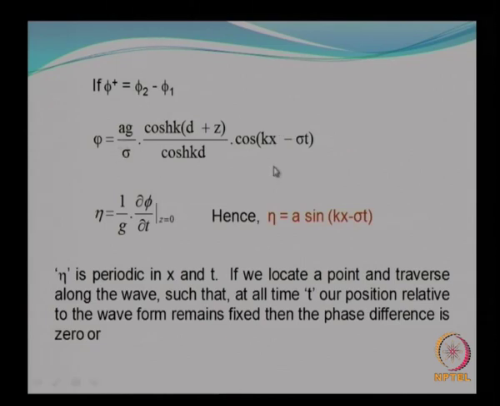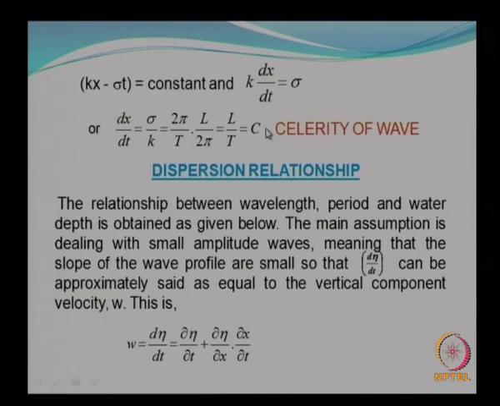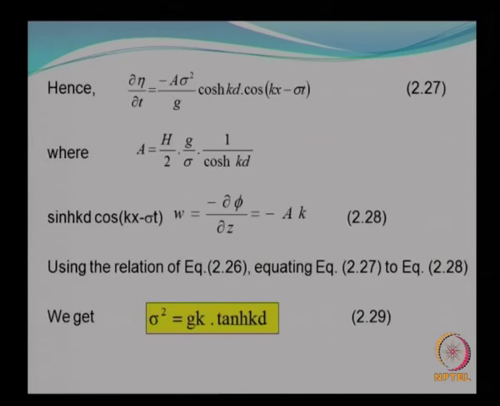This is the velocity potential, and when you do this, I can evaluate the constant, and finally when you simplify, you get an expression relating T, the wave period, and the wavelength.